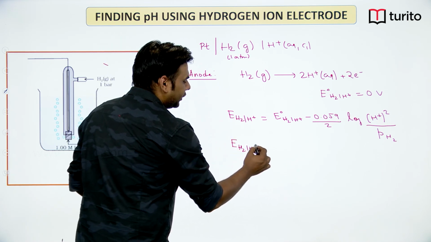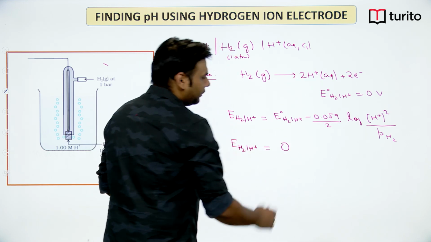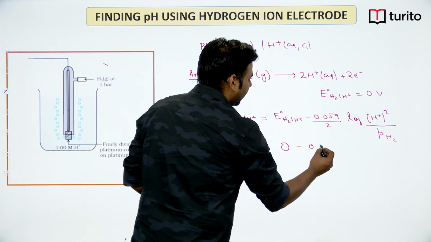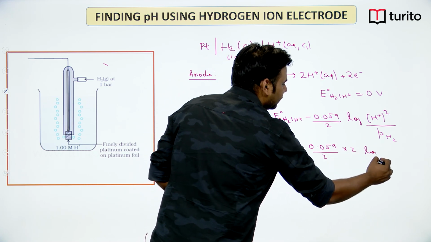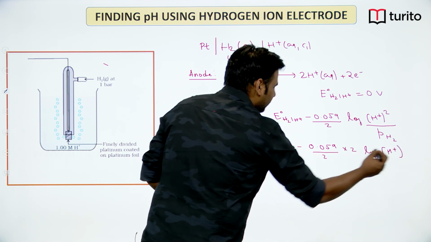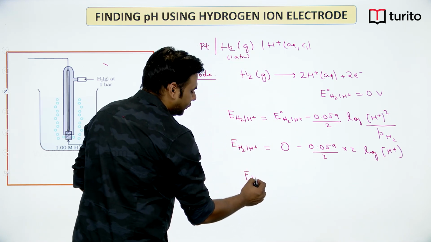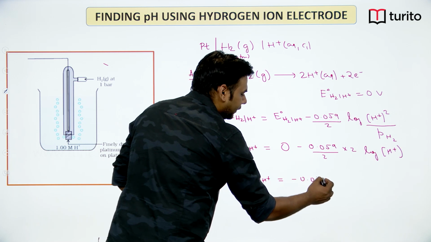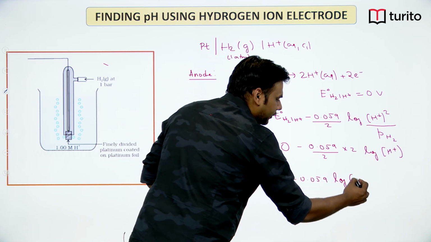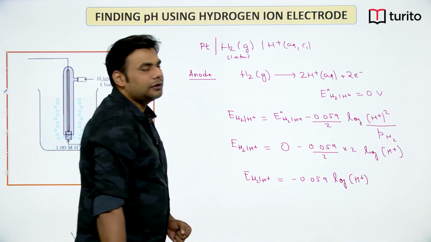So we know that the standard oxidation potential of this is also 0. So this will become minus 0.059. We'll take this 2 inside. So this will become log of H plus. So I can write E of H2/H plus is equal to minus 0.059 into log of H plus. Now we know that pH is minus log base 10 H plus.